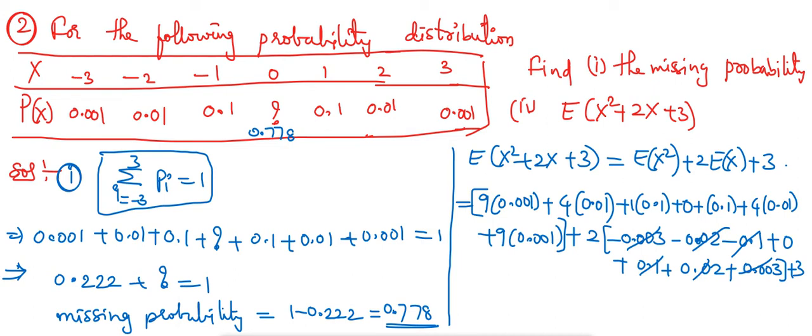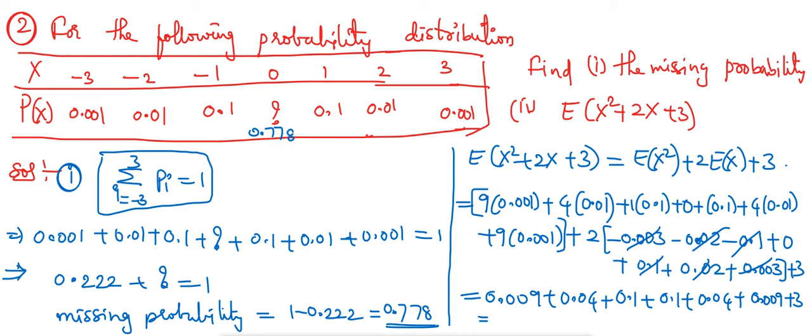Here the expectation of 2x is 0. Why? Because we multiply negative and positive values of the same magnitude, so it should be 0. This equals 0.009 plus 0.04 plus 0.1 plus 0 plus 0.1 plus 0.04 plus 0.009 plus 3. The middle term becomes 0.